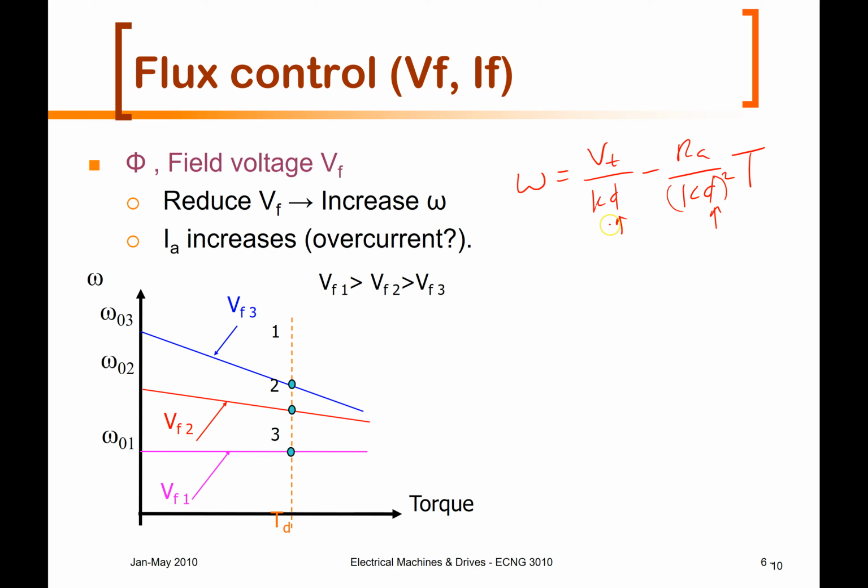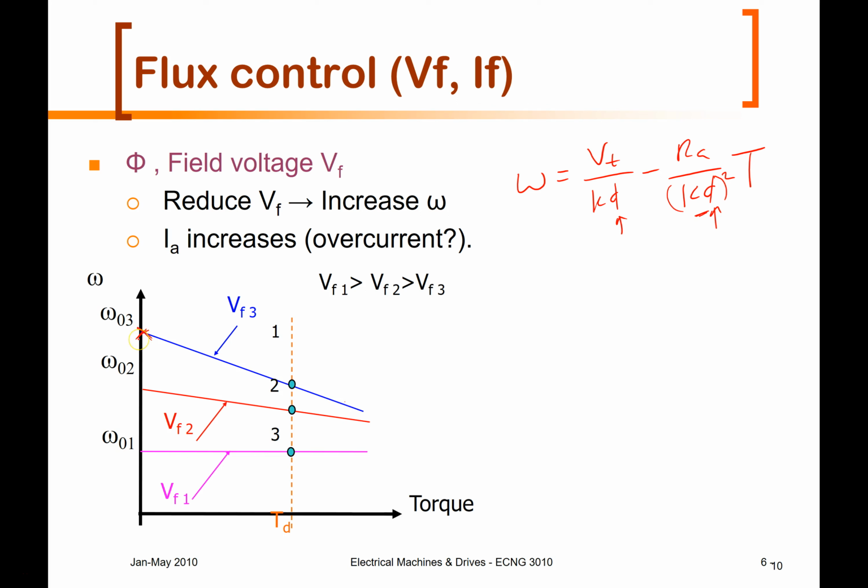So as k phi increases, as we increase the flux, then we're going to have the y-intercept dropping because these are on the denominator, and we're also going to have the gradient being reduced. So we see here we have the first one where phi is the lowest.